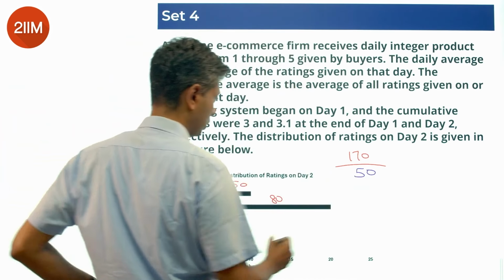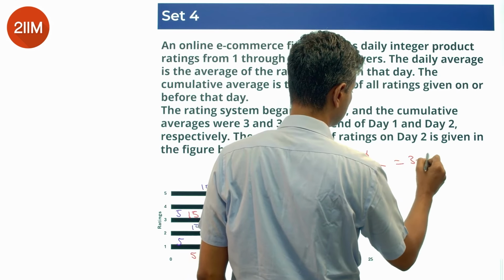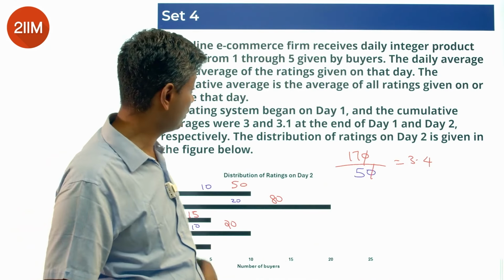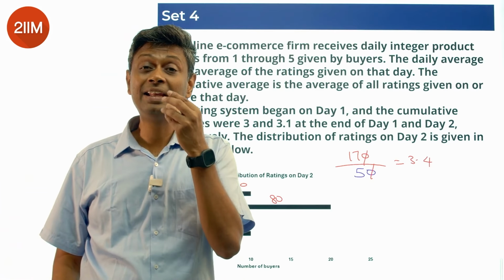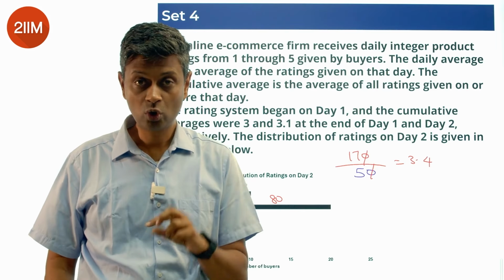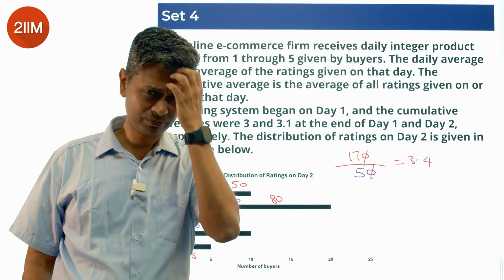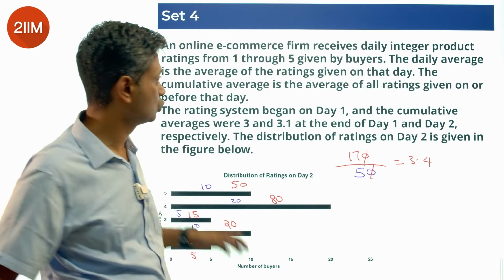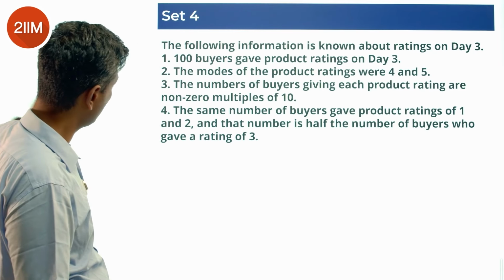Brilliant. 170 by 50 is 3.4. Weighted average of 3 and 3.4 should give us a 3.1. Daily rating for day 1 is 3, daily rating for day 2 is 3.4, overall is 3.1. Number of people who have given ratings on day 2 is 50 people. Super useful. Nothing more is there.